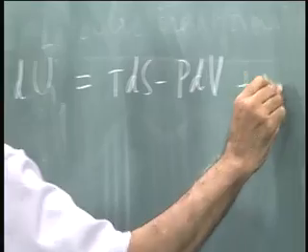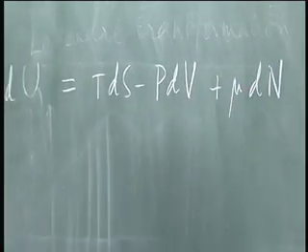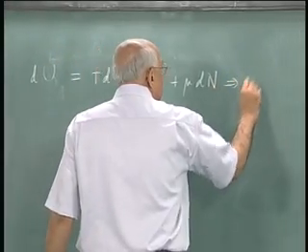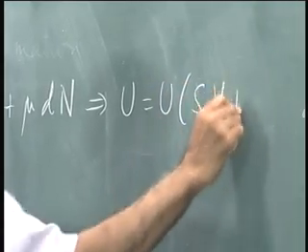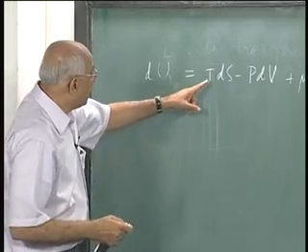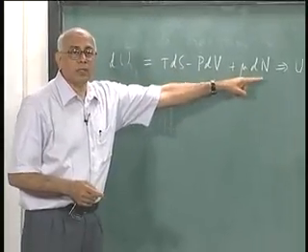Actually if you change the number of particles, you also have a chemical potential times the differential in the number of particles. So this of course implies that U is a function of S, V and N as the independent variables, and it is obvious from this that T is delta U over delta S, keeping V and N constant.